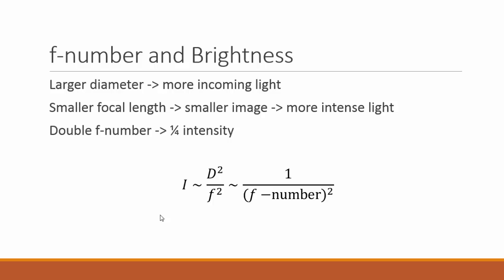Now, f-number is related to brightness because the diameter is related to brightness. The larger the diameter is, the more light comes in.